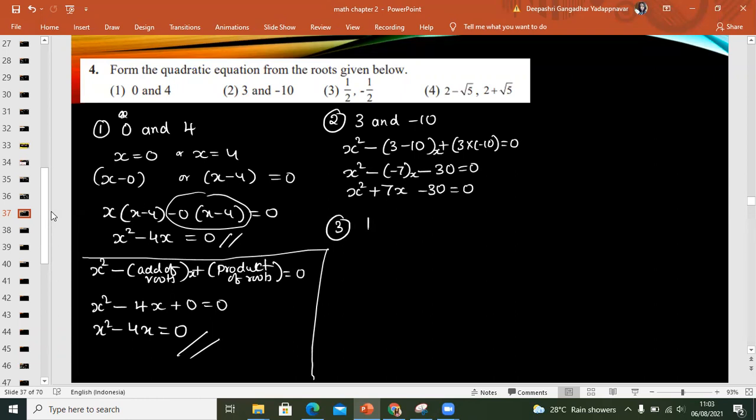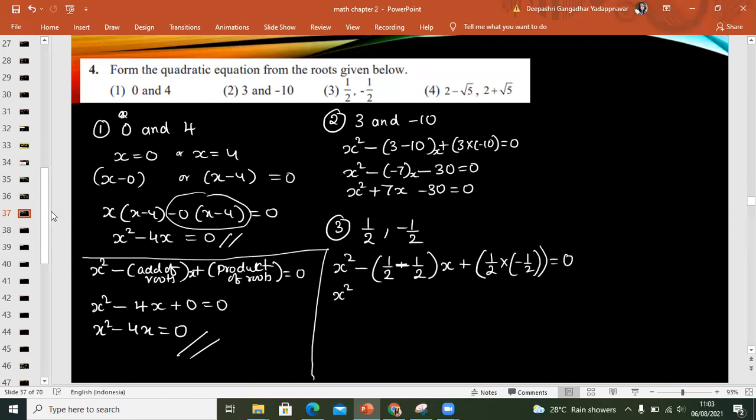Third, roots are half and negative half. So I will use the same formula, x square minus addition of roots, that is half plus negative half. So it will give you negative half x plus multiplication of the roots, that is half multiplied by negative half, equals 0.